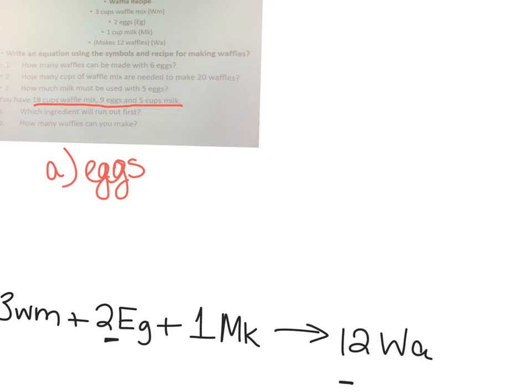All of these came from the mole ratios across the equation, right? We were talking about how many batches of waffles we could make, and that told you how to divvy it out, how to distribute it. How many of you did it that way? How many of you actually drew yourself a picture of this little recipe and figured out how many you could make and which one would run out first?